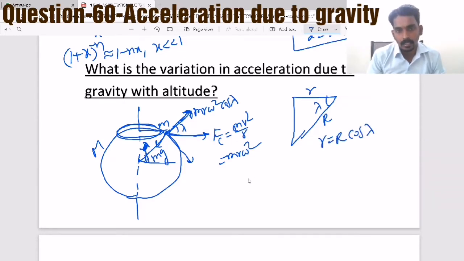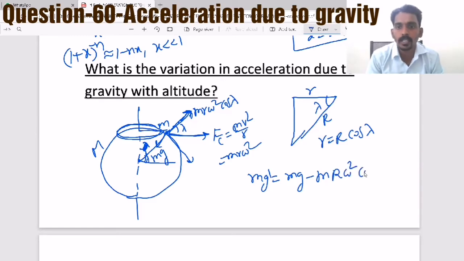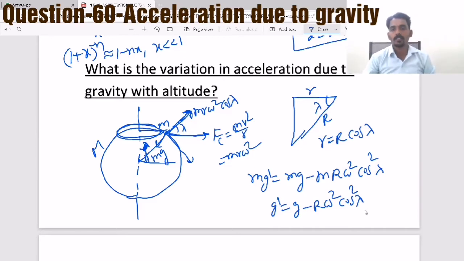So the effective force, that is mg dash, will become mg minus m r omega square cos square lambda, but small r is capital R cos lambda. So g dash will become g minus R omega square cos square lambda.